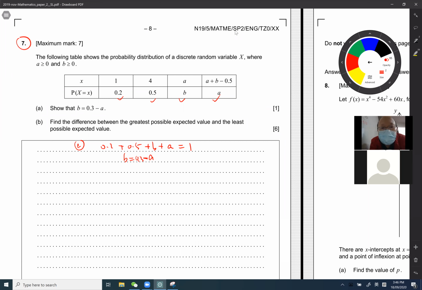This is a probability distribution table. This row are possible values. This row, probabilities.